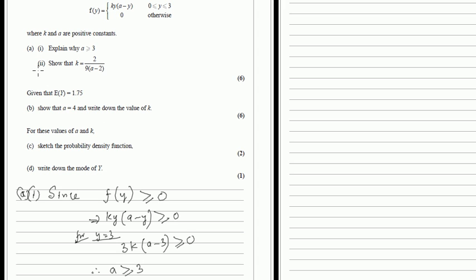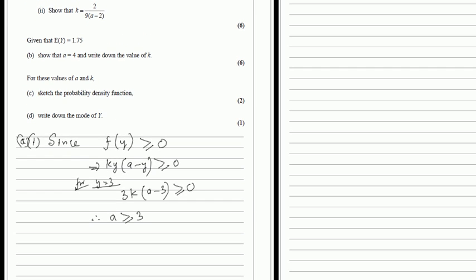This is not a regular question. Show that k is this. So this can be done using the regular question, and it is the total probability over the limit f(y) dy. Total probability is 1.